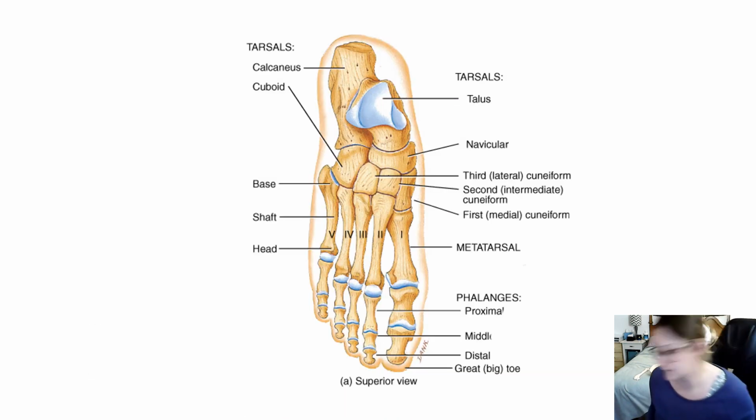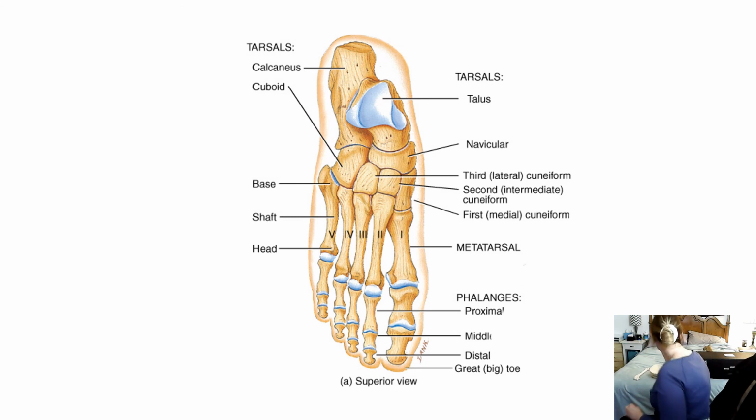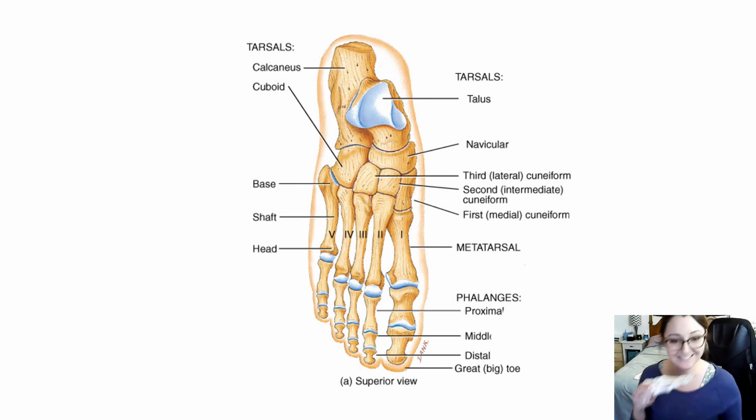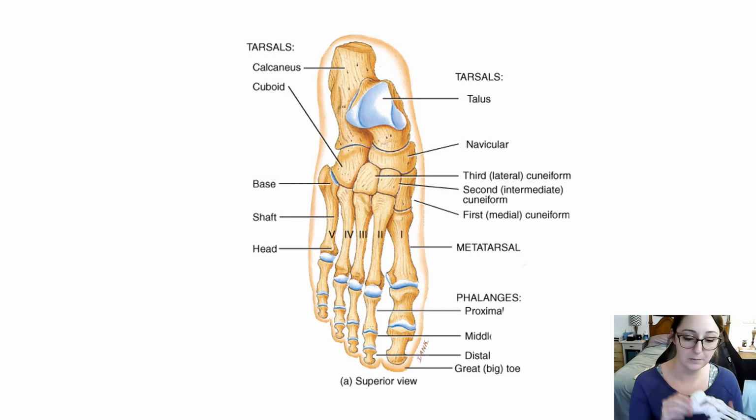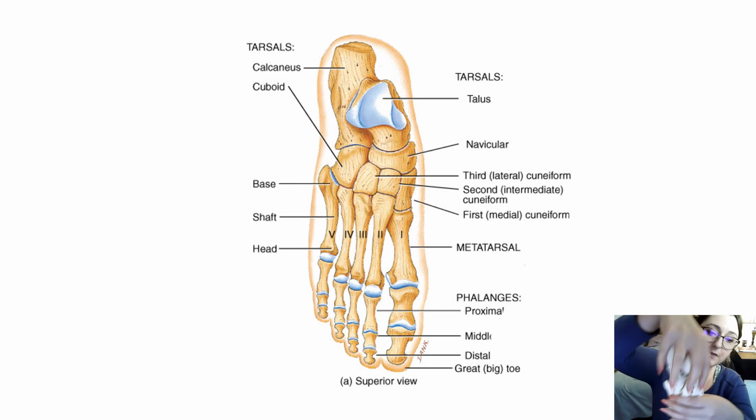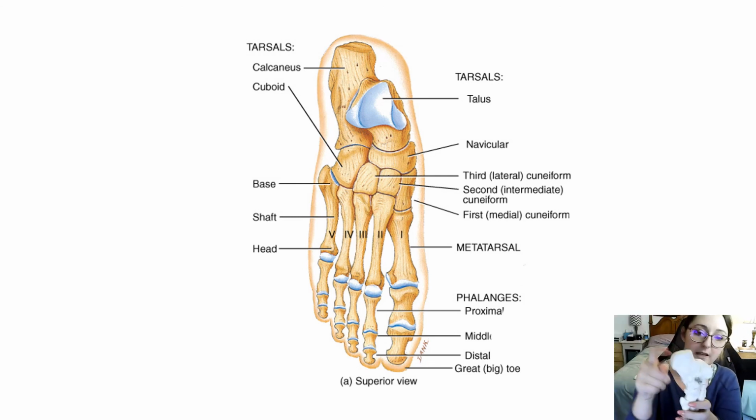Moving into the last topic, we do have our foot. So you do have your tarsals. So much like your carpals, your tarsals are the bones that make up your ankle. There's all these bones right here. This big bone back here on the bottom, that is the calcaneus.